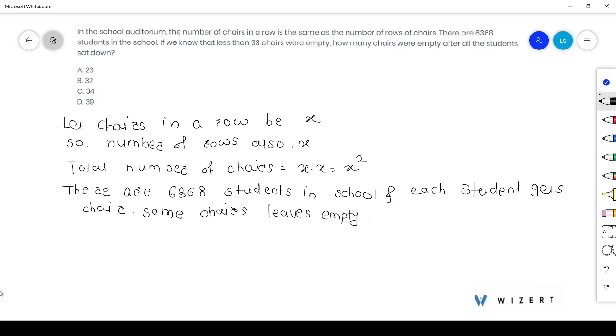So, the total number of chairs does not exceed 6,368 plus 33, that is 6,401.